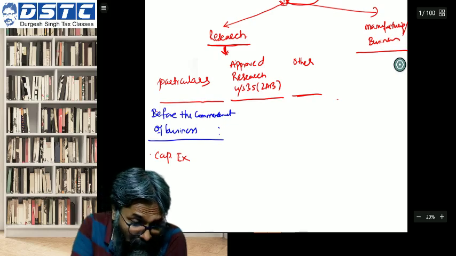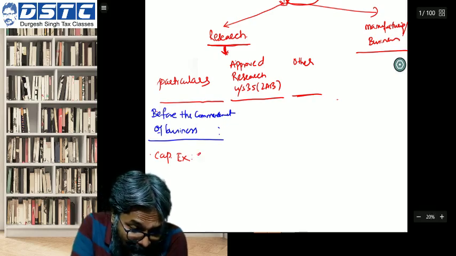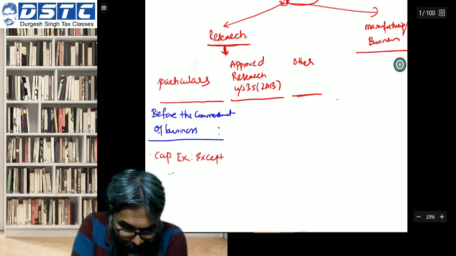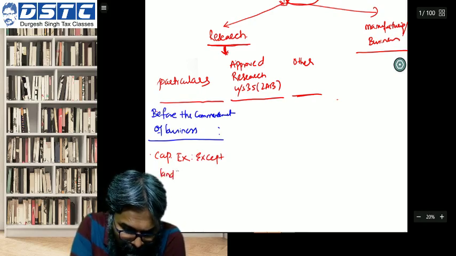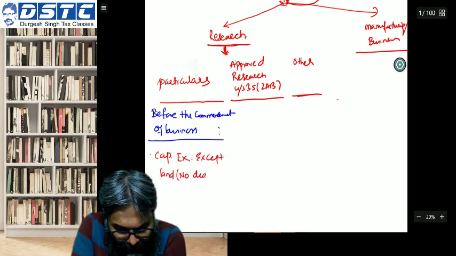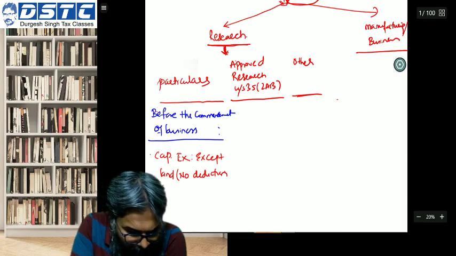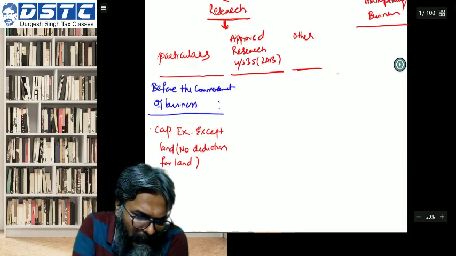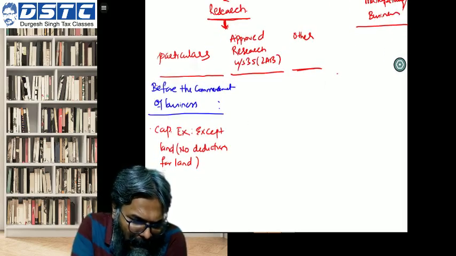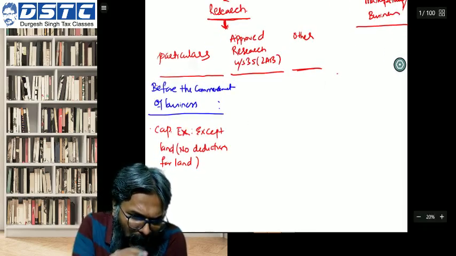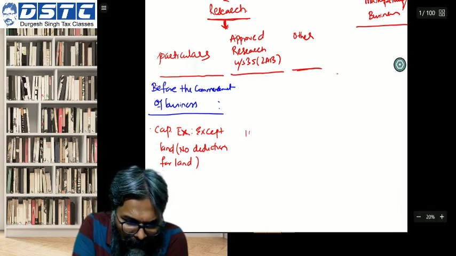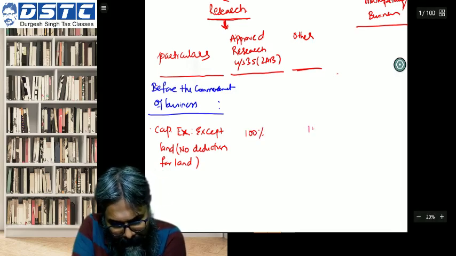Say capital expenditure, if that is incurred, now except land, because land would not be allowed its deduction. You can write here: no deduction for land. Except land, capex, capital expenditure, will this be allowed as deduction? And the answer is yes, but only to the extent of 100%.